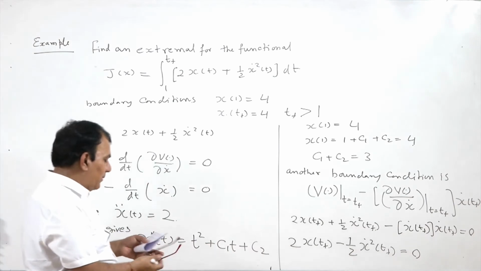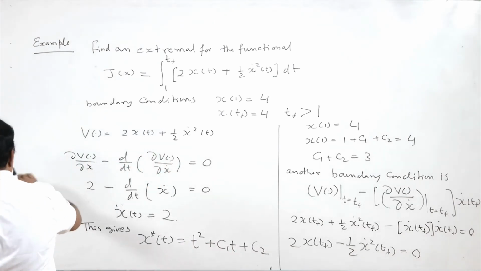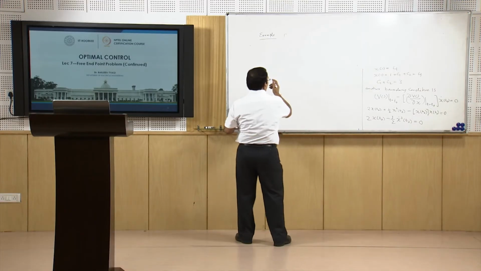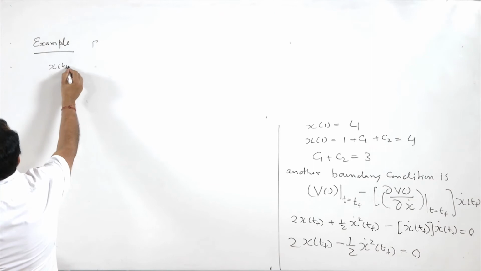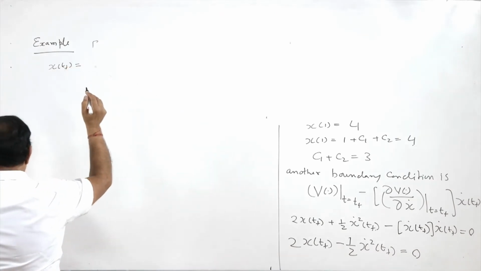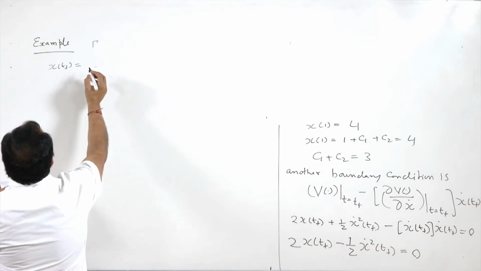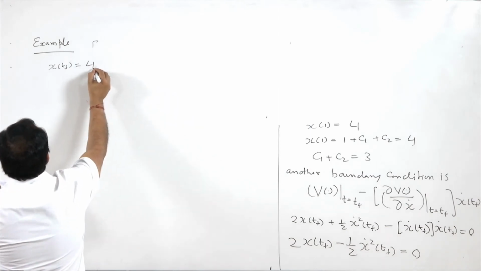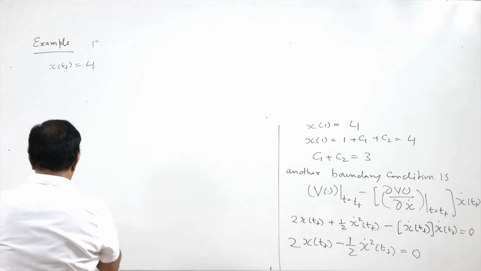So, what can we get by this? I have x(tf) equal to 4. x(tf) is given to me as 4, and what was my x(t)?